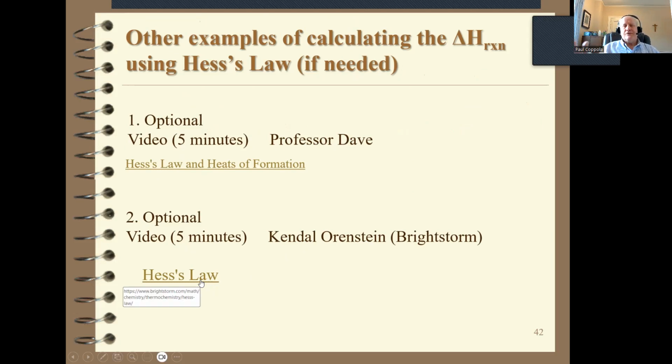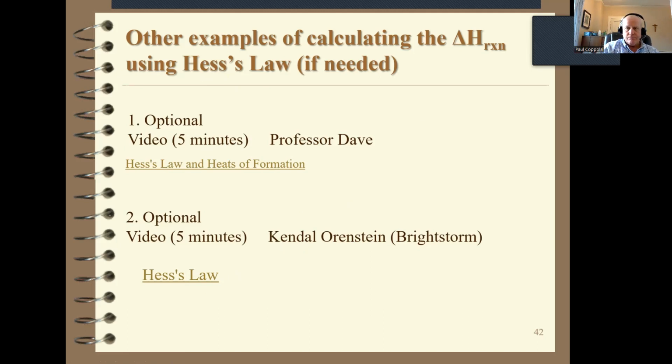There's lots and lots of videos on the internet, but I pick the ones that are short and good. Professor Dave has very good graphics, very clear. So if you need some more practice on Hess's law, and you have some in your homework, if you need help, let me know and I can work with you on the individual problems.